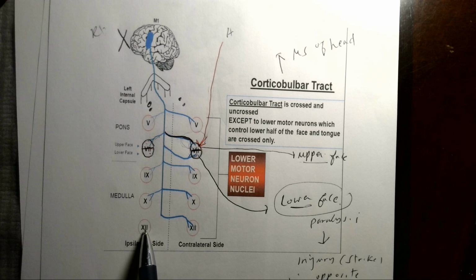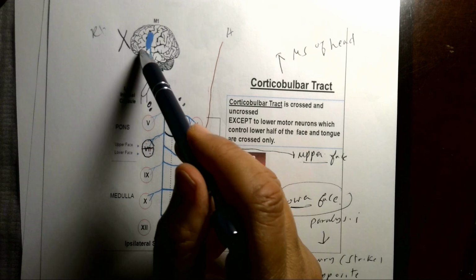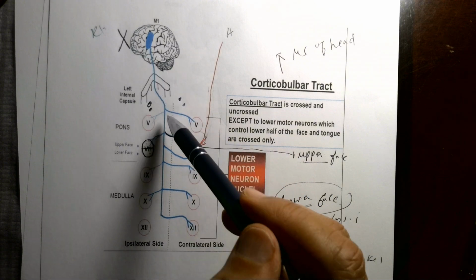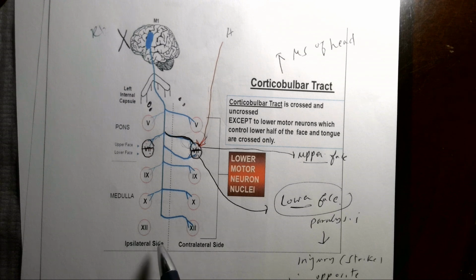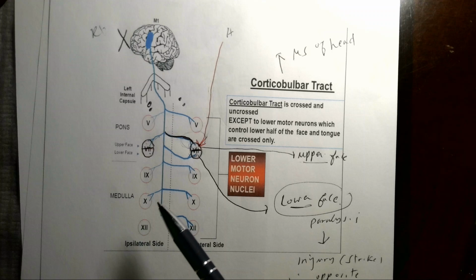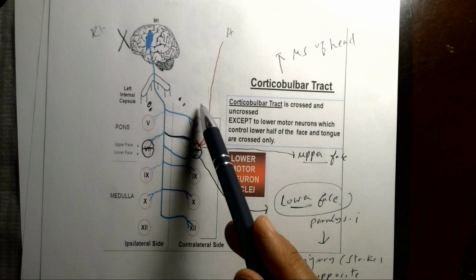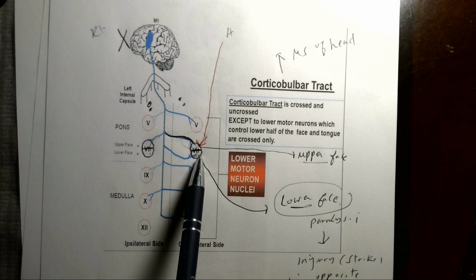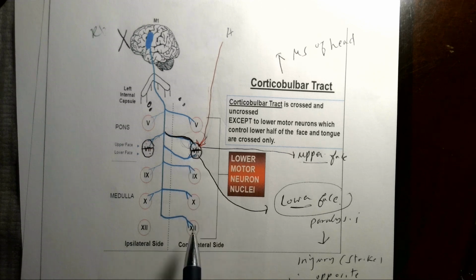What does this mean again? It means that if there is injury in the brain, usually there is weakness in the muscles of the head. Weakness. I'm not saying total paralysis because there is bilateral representation, except there will be total paralysis in the contralateral side of the lower face and contralateral paralysis in the tongue.